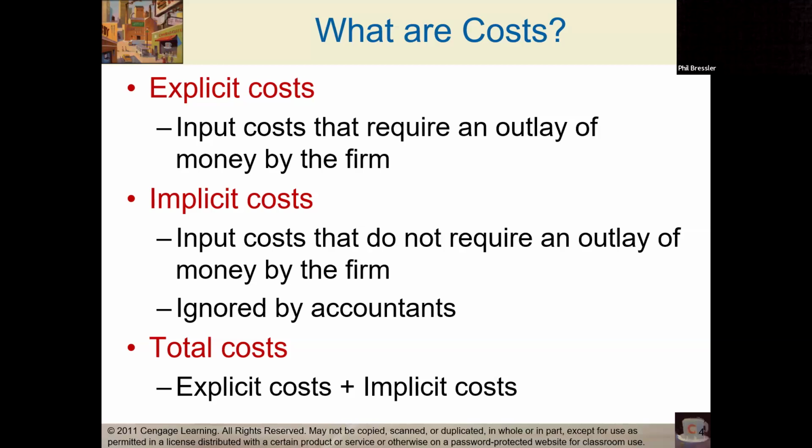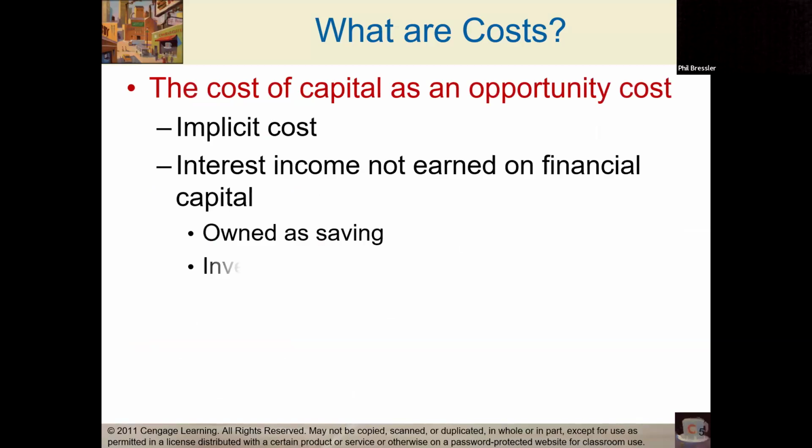For an economist, profit equals total revenue minus explicit and implicit cost. For an accountant, profit is total revenue minus explicit cost.